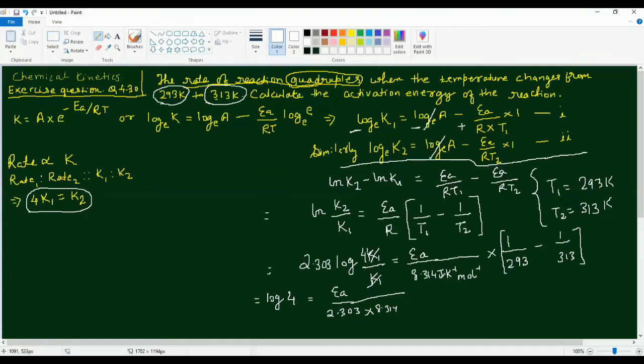Whatever energy value comes will be in terms of joule. Else we can write it here also, so as to relate the units with the final value, multiplied by, this will be a temperature term, 313 minus 293 divided by 293 into 313.